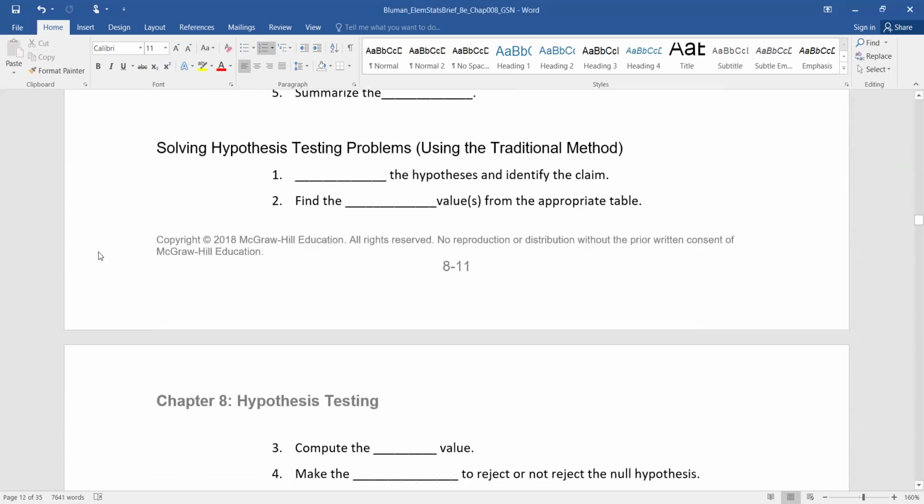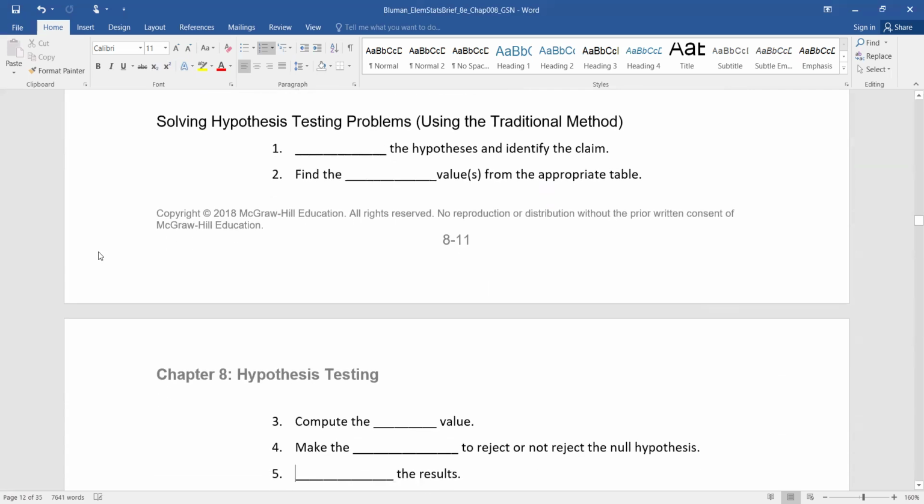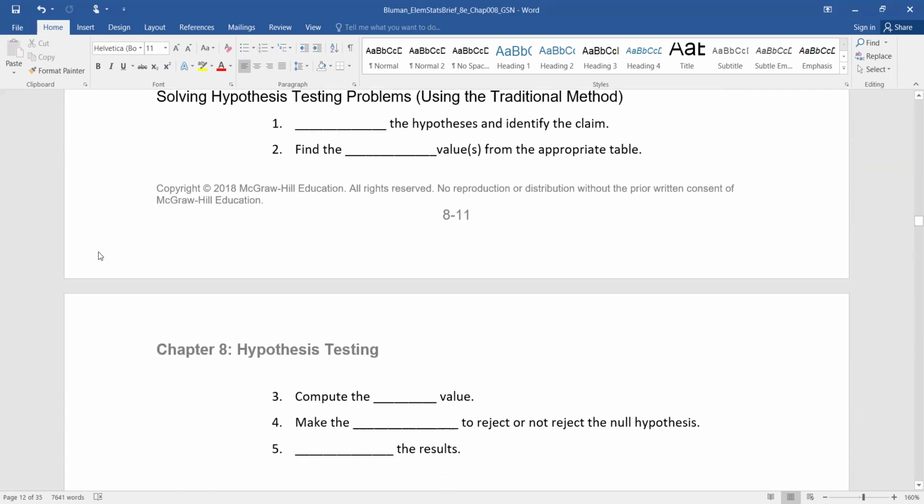Now, solving hypothesis testing problems using the traditional method, which is the whole point of this section, but we had to get through a lot of definitions to get there. Just like before, first step, state the hypothesis and identify the claim.